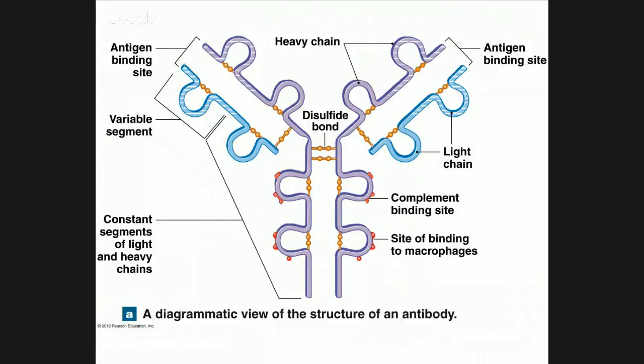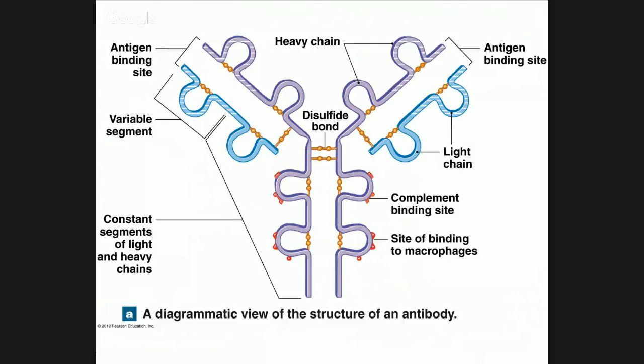The two constant regions in the body or stem of the antibody contain, in one of them, a complement binding site, which is how complement protein C1 can bind to antibodies for the classical pathway for complement. And there's also a spot where phagocytes can bind. It says macrophage here, but it'd be more appropriate to just say phagocyte.